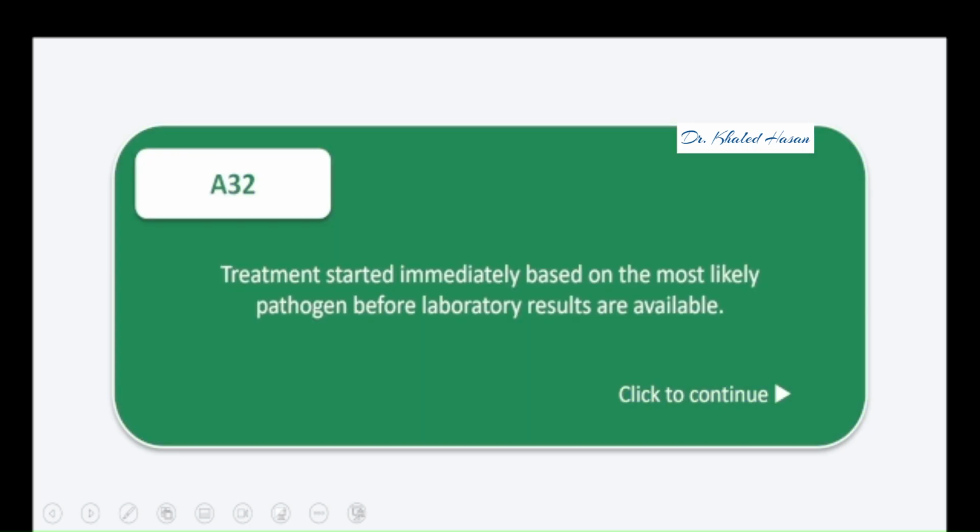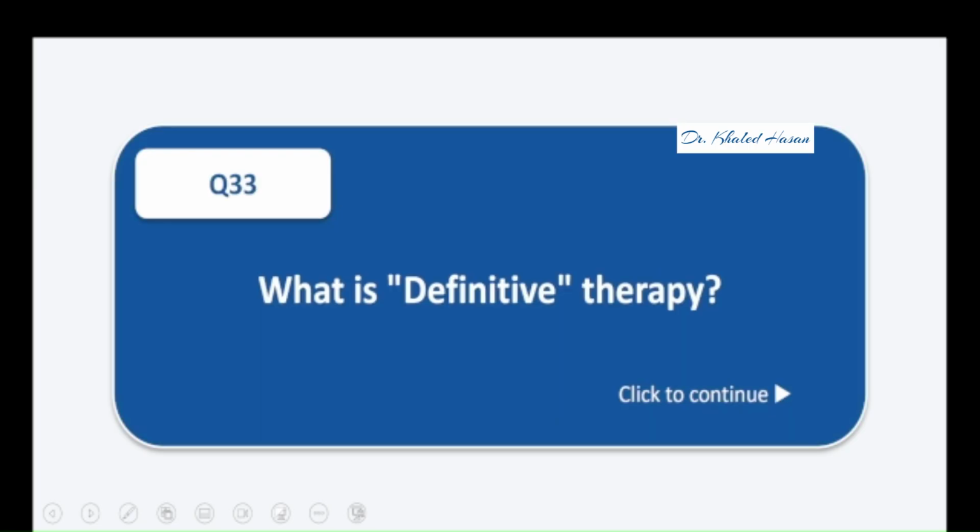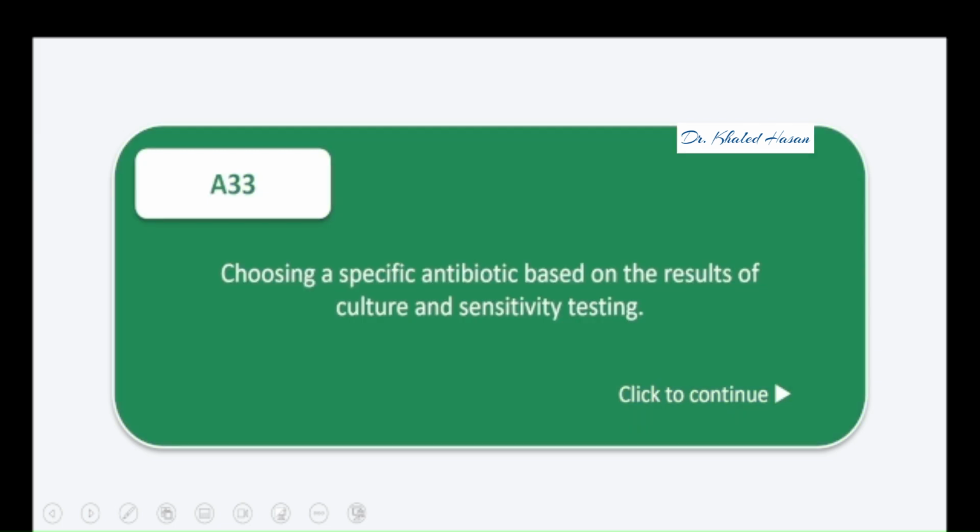Empiric therapy means treatment started immediately based on the most likely pathogens before laboratory results are available. What is definitive therapy? Definitive therapy means choosing a specific antibiotic based on the result of culture and sensitivity testing.